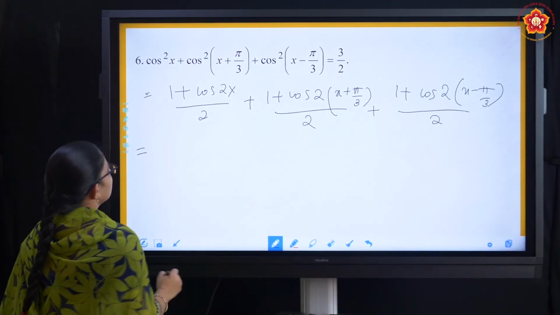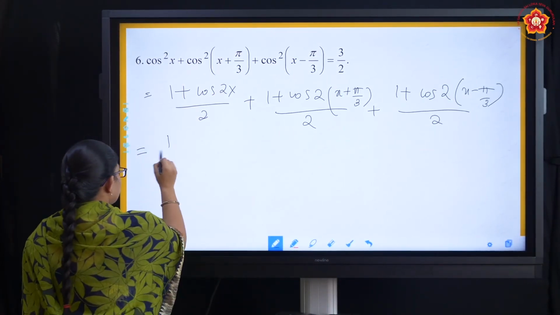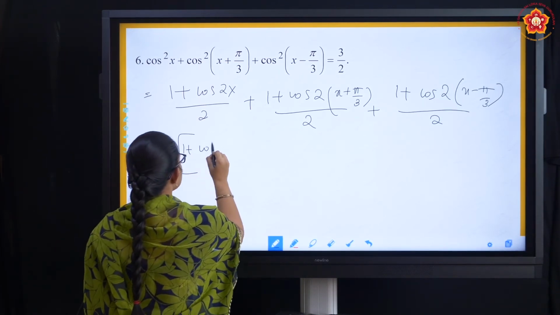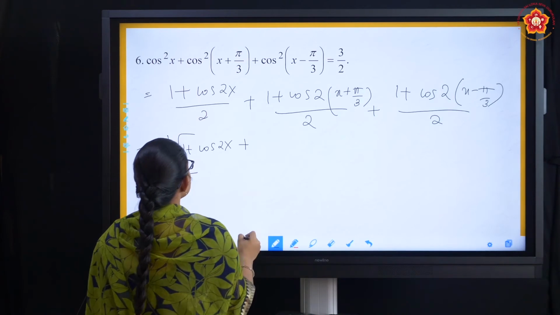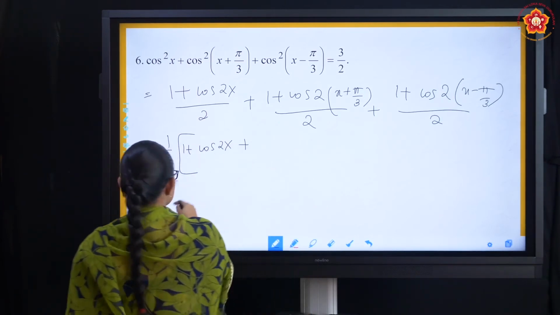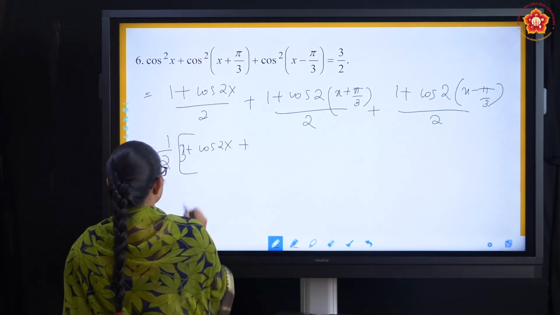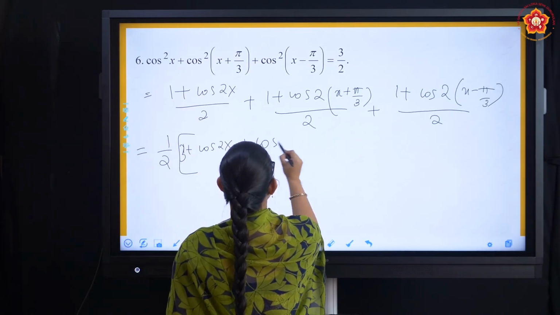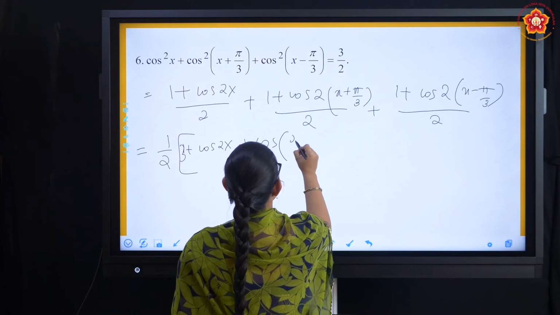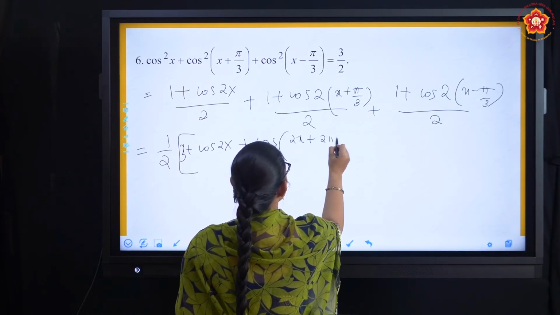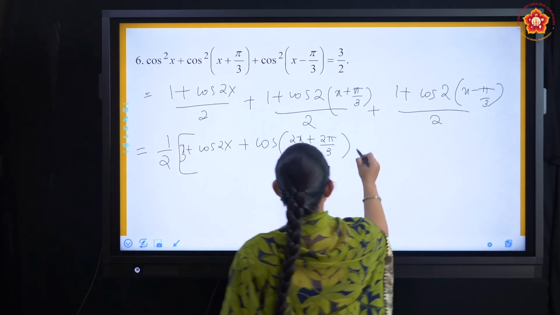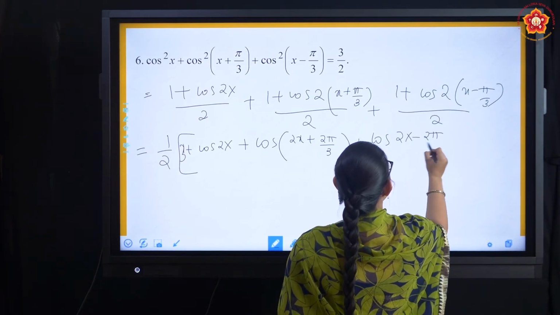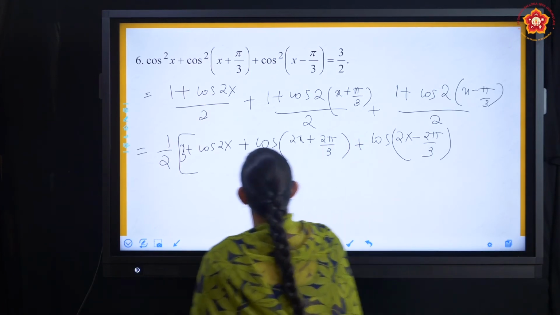Now 1 by 2 we can take it common. So what is remaining? So 1 plus cos 2x plus, so 1 plus 1 we can write that as 3. So 3 plus cos 2x plus 2 pi by 3 plus cos 2x minus 2 pi by 3.